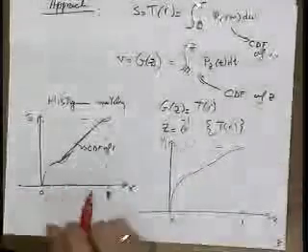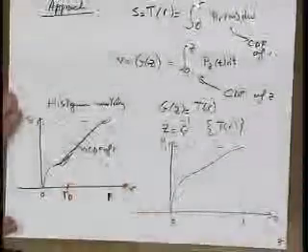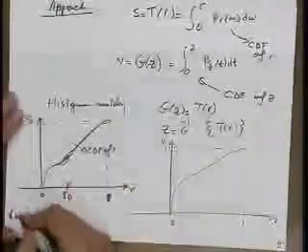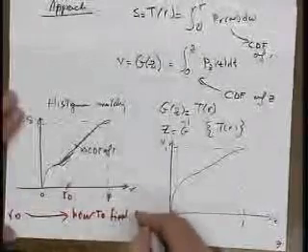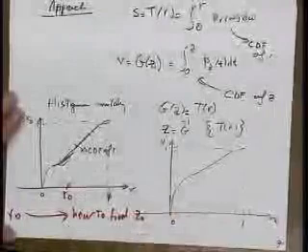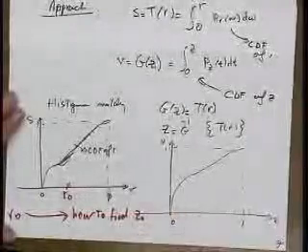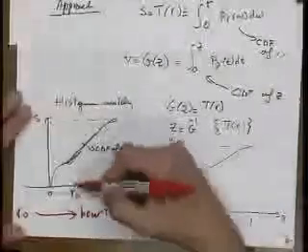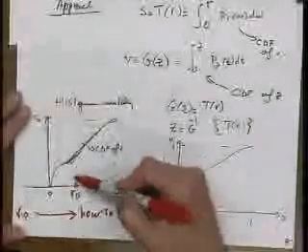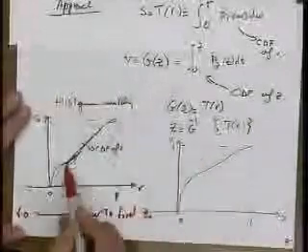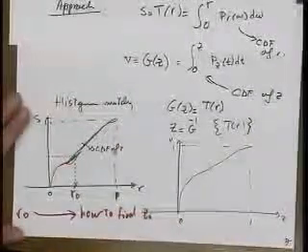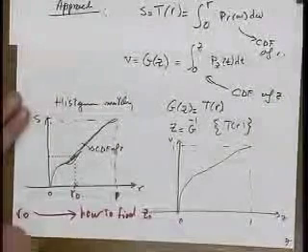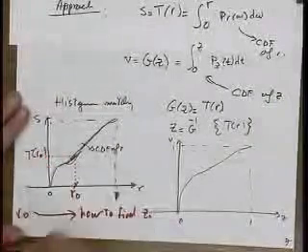Let's say I want to know what the mapping for R naught is. I pick a value R naught, and I want to find Z naught, the map for R naught. How do I do that? Well, the easiest thing to do is to go to this curve, go all the way up until you hit the curve, and then look up this value, whatever T of R naught is.